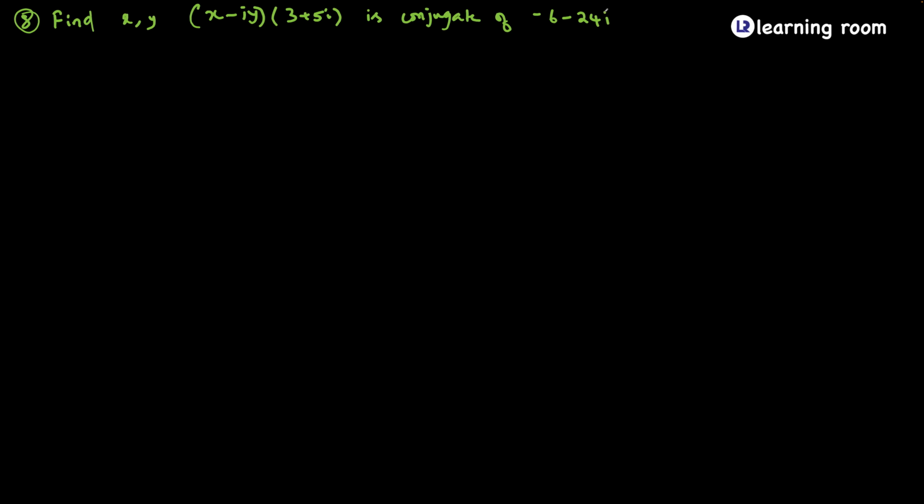So the relation is, if you do the product of these two complex numbers, you will get a complex number. How is that complex number, which is a resultant of the product, related to this?